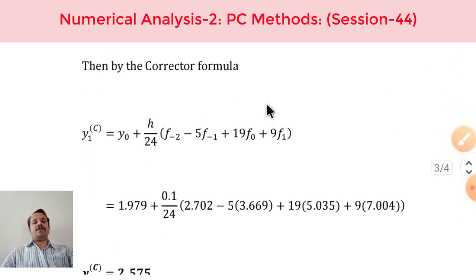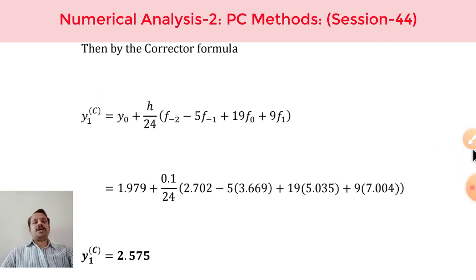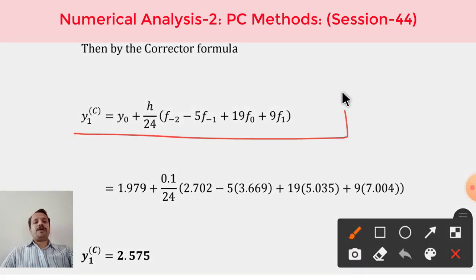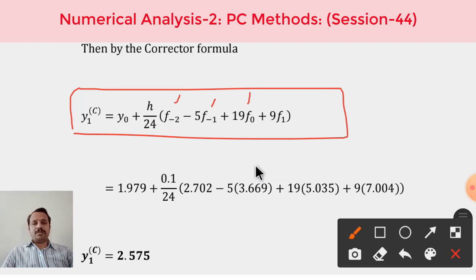The corrector formula is visible to you. In the corrector formula, the first three terms are very similar. There is no difficulty in these three values, because these are available from the list which we already have in our hand. We can use that list and substitute the values from it. But this value is most important, and I just told you how to evaluate that.